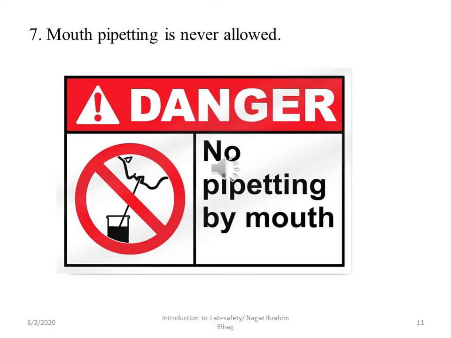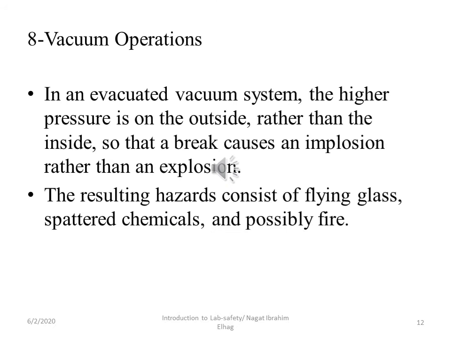Mouth pipetting is not allowed inside the lab, because it is very hazardous for you to use this manual equipment, as we deal with many toxic reagents and toxic chemicals. It is not safe for you to use this manual equipment. When we use a vacuum system, we find differences between the pressure from outside to inside.